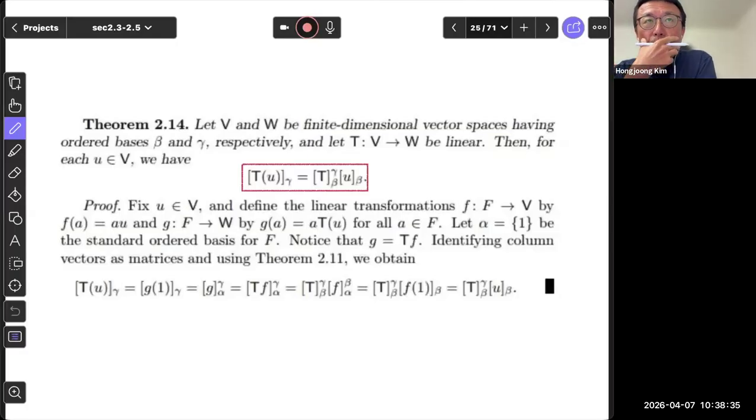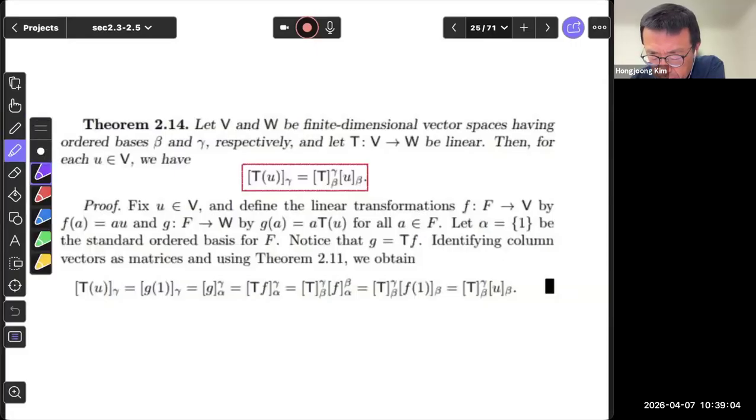Now, theorem 2.14 says, suppose that V and W are finite dimensional vector spaces having bases beta and gamma, and T is a linear mapping from V to W. Then for each vector U, what is this?